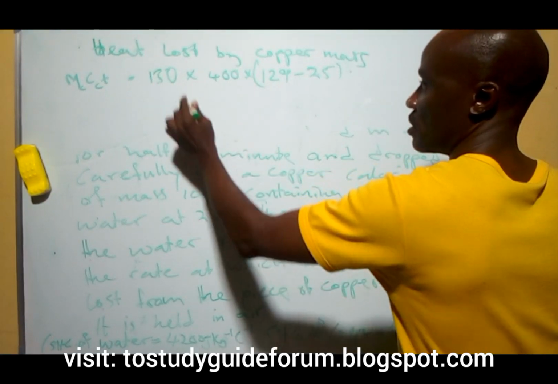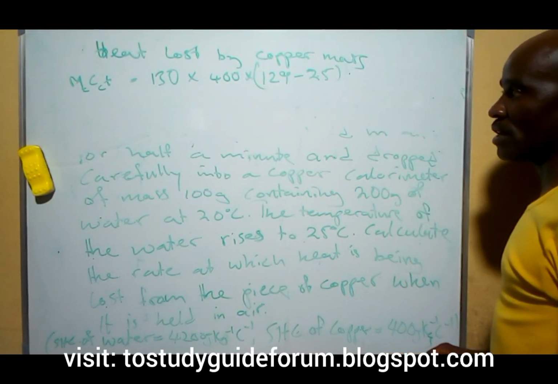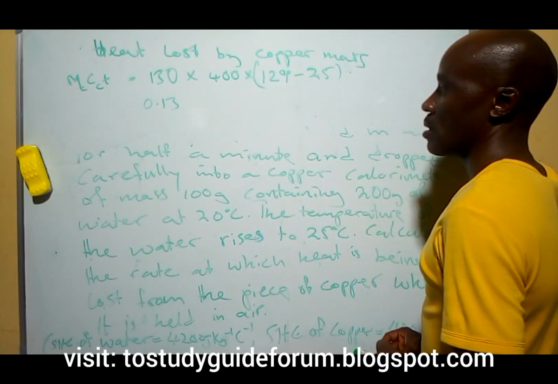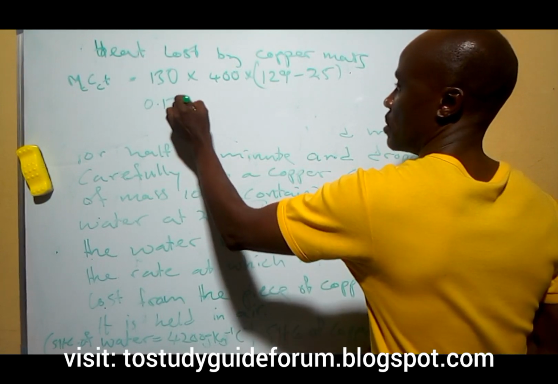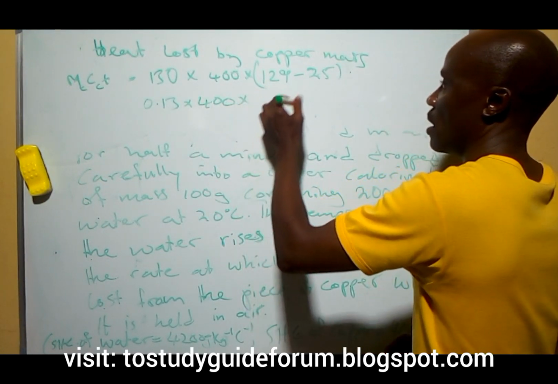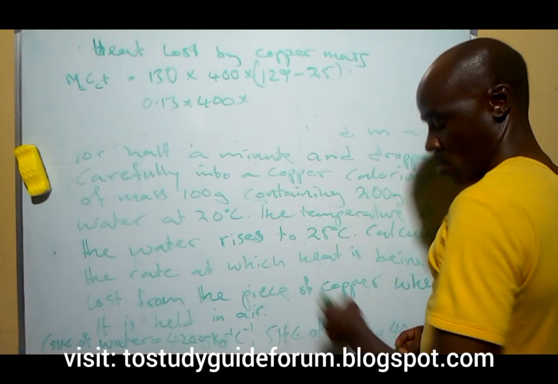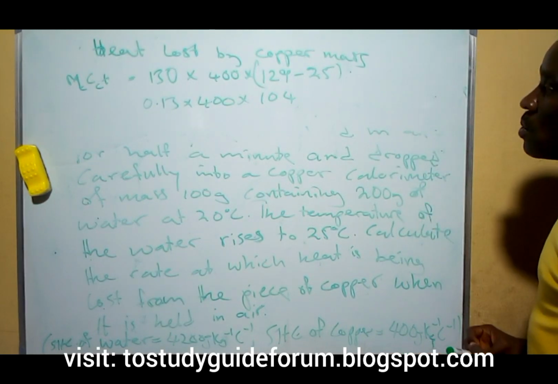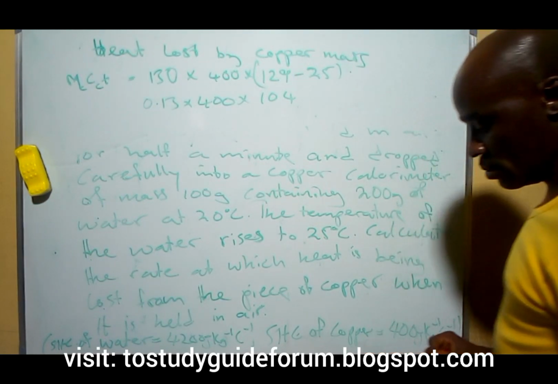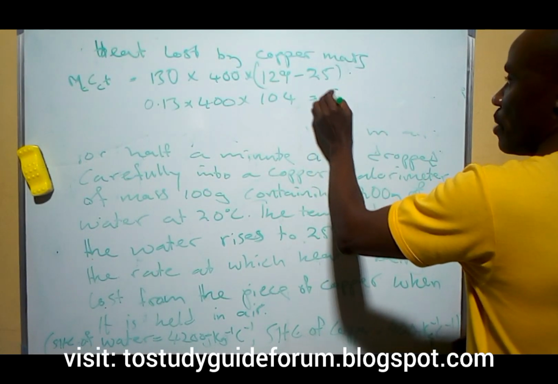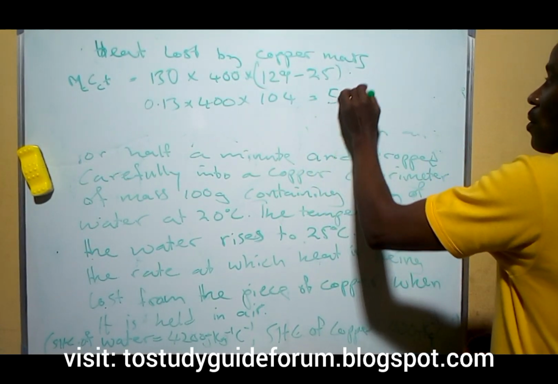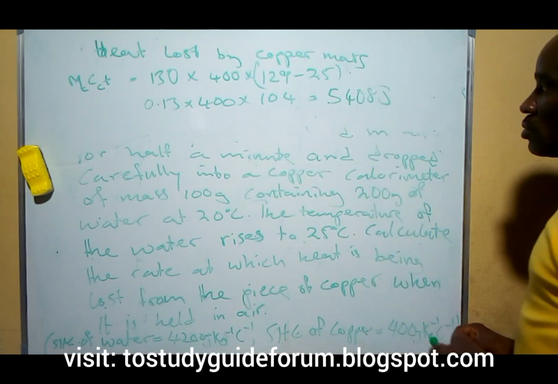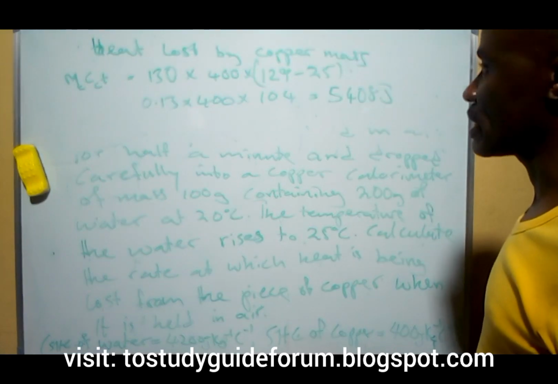This is in gram, if we divide it by 1000 converting to kilogram, we have 0.13 kilogram times 400, and then subtracting the temperatures, we'll have 104. So when you multiply this, we'll have the heat lost by this to be 5408 joules. That's the quantity of heat lost by the copper mass.